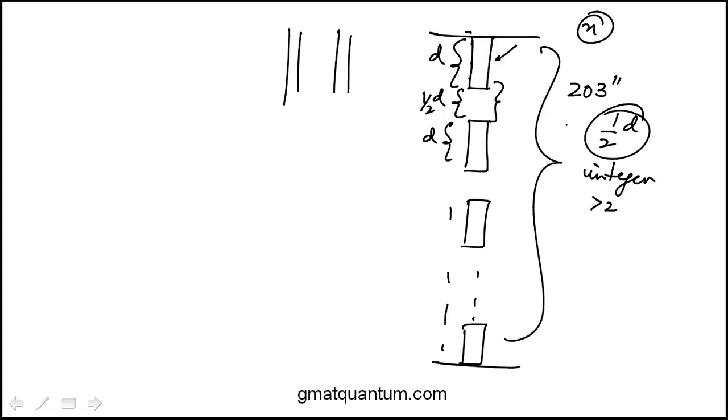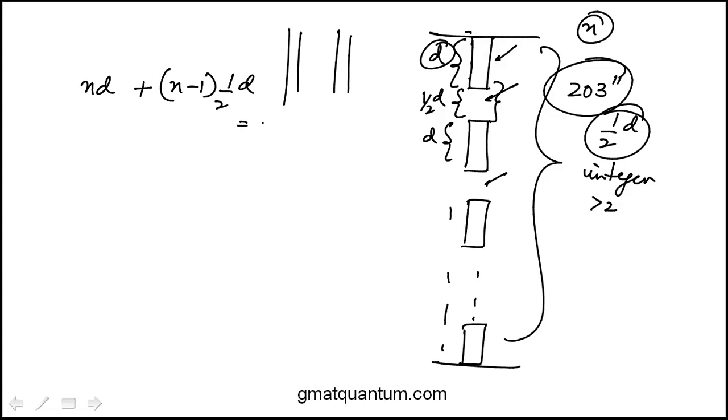So the key condition is that the total length has to be equal. If there are n of these strips, then this length is nd. And you'll notice that the gaps are going to be one less than the number of these stripes. So that length in the gap would be n minus 1, meaning those are the number of gaps we have, times half d, and that's equal to 203.